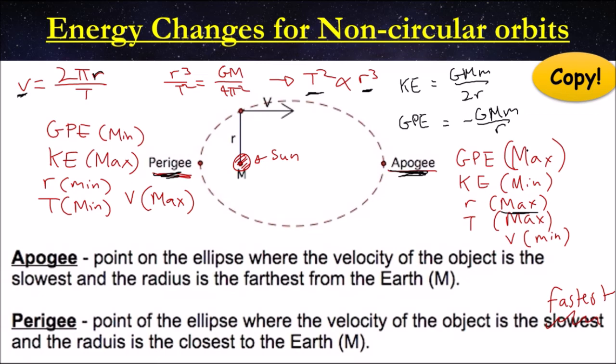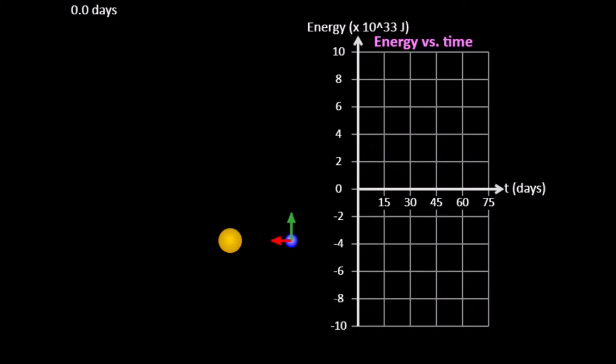But let's go back to our simulation and actually compare the two elliptical orbits. I'm going to show you the orbit of the 24,000 meter per second change. It'll take a while.